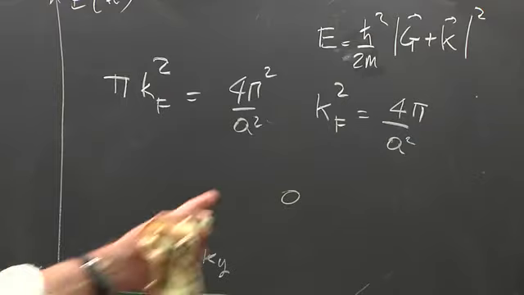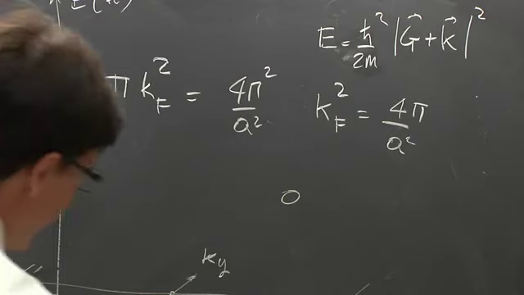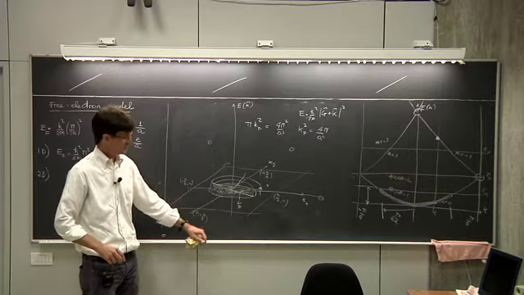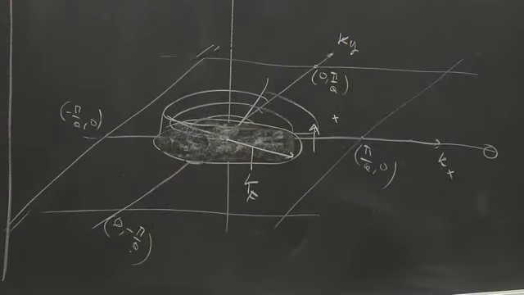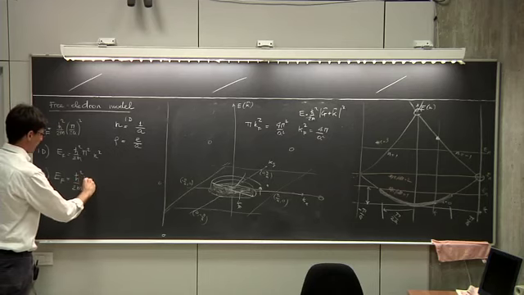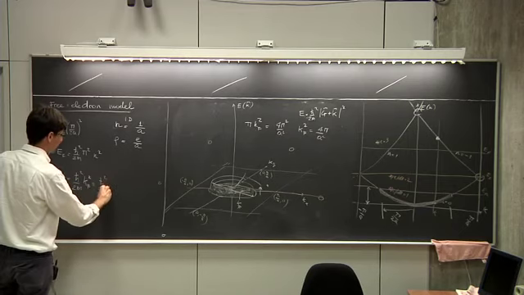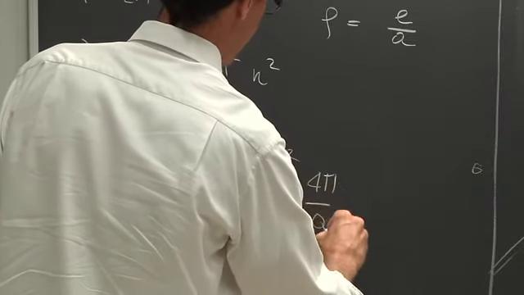Why do I keep Kf squared? I don't even take the square root. Because when I want to calculate the height of the parabola at that point, from the ground, from the bottom, I just need k squared, right? It's h squared over 2m Kf squared. So in 2 dimensions, the Fermi energy is h squared over 2m Kf squared, or h squared over 2m 4 pi over a squared.